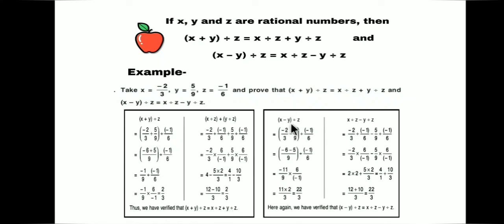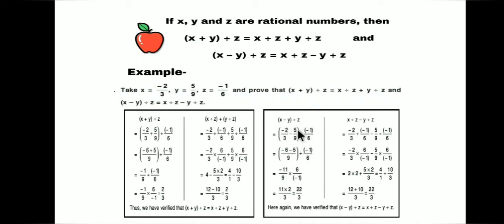In the same way we can prove x minus y divided by z is equal to x divided by z minus y divided by z. Let us prove this also. On the LHS we have x minus y divided by z. We will substitute the values of the variable. Minus 2 upon 3 minus 5 upon 9 divided by minus 1 upon 6.